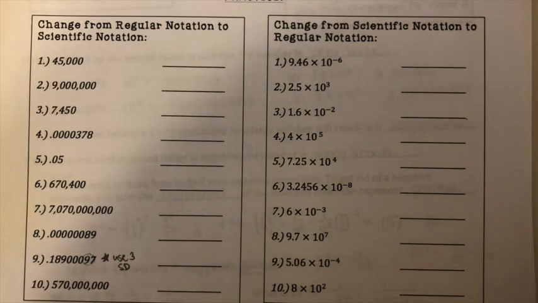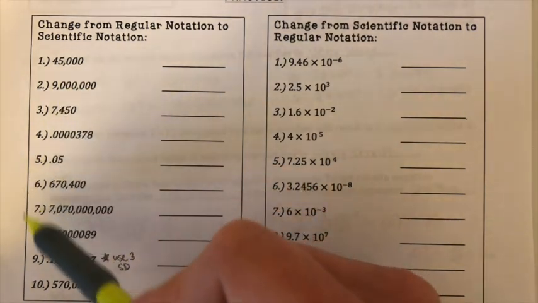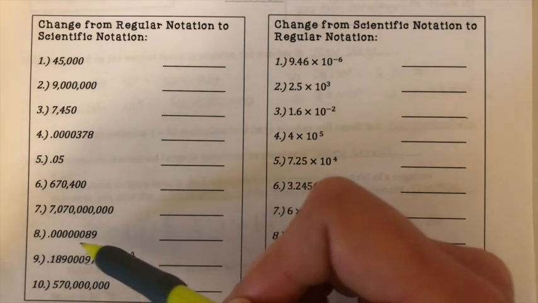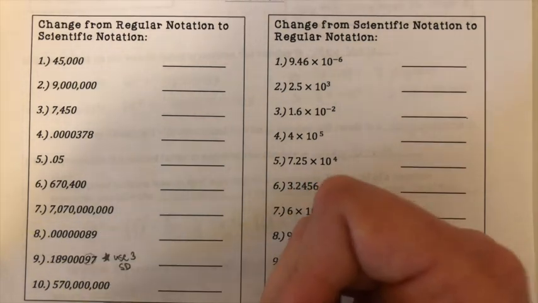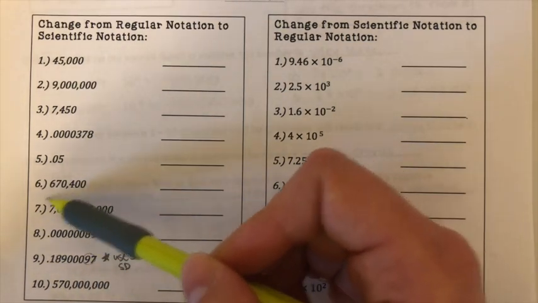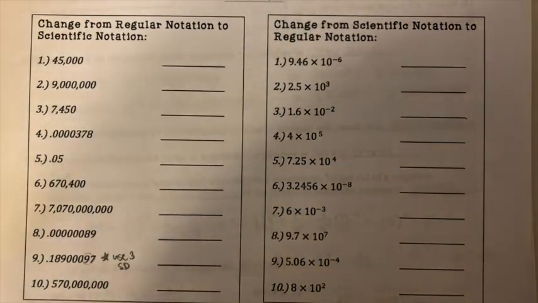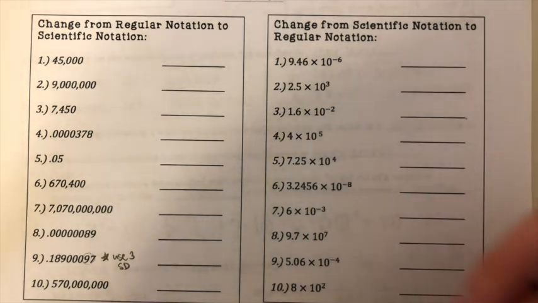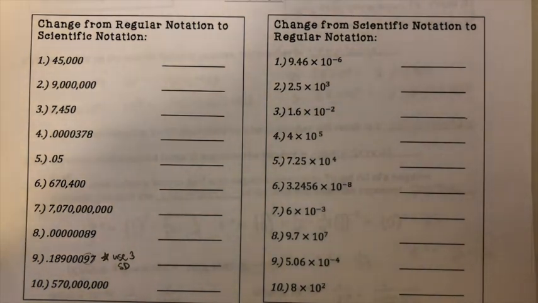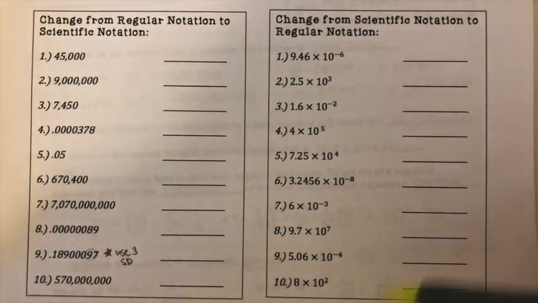But for the rest, just go with however many digits you think is appropriate, like 2, 3, maybe 4. For this one, just use 3. And then all of these ones should be a-okay. So this is your practice.